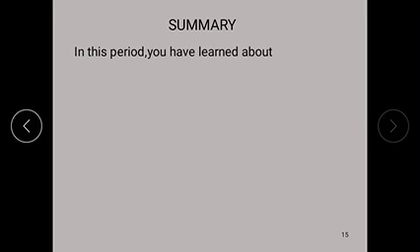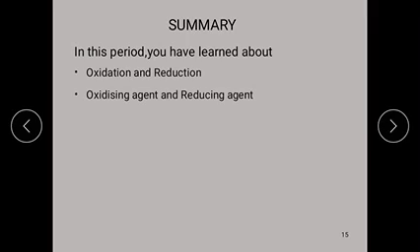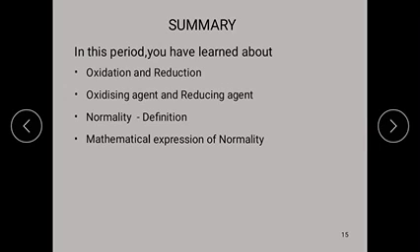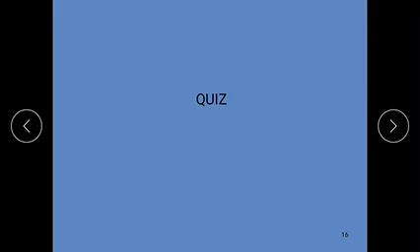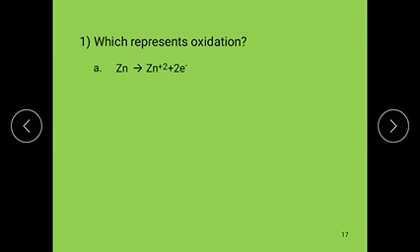Okay, in this topic we have learned about oxidation and reduction, oxidizing agent, reducing agent, the definition of normality, the mathematical expression of normality, and simple problems on normality. Now we discuss some quiz answers from this topic. Which represents oxidation from the following?